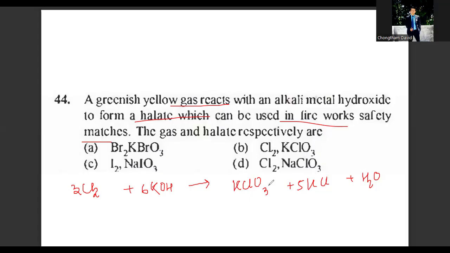Done. Right now you are left with 3 molecules of water. Done. Balance is completed. So potassium chloride is used in firework and safety matches. And this greenish yellowish gas would be chlorine gas. So 44, chlorine and potassium chloride, B. This is also known as halide or chloride.